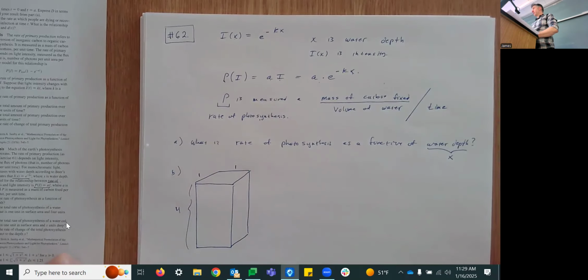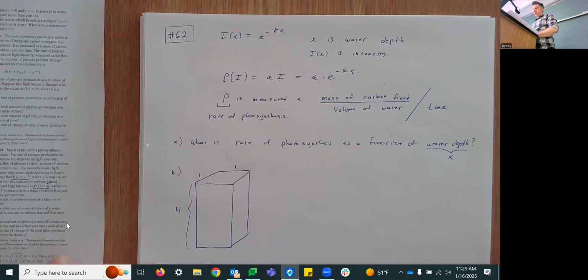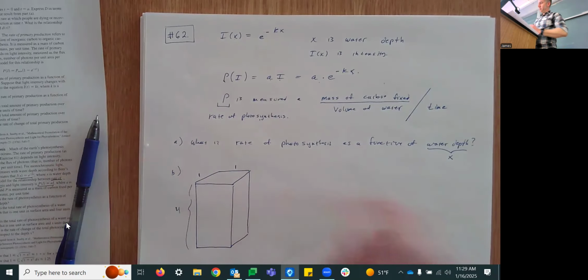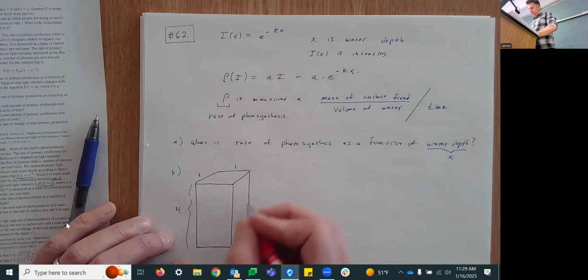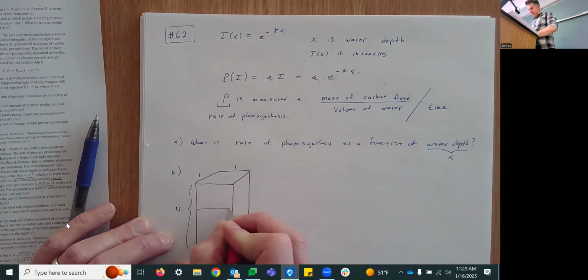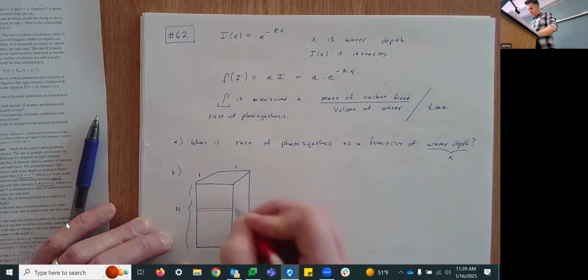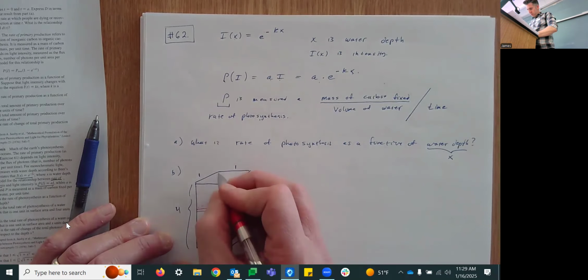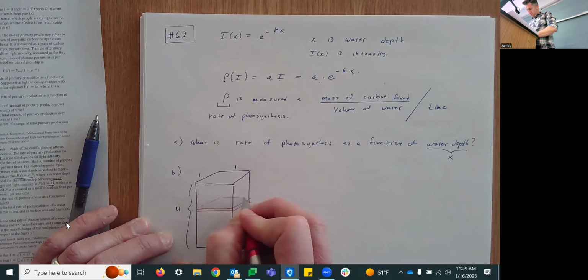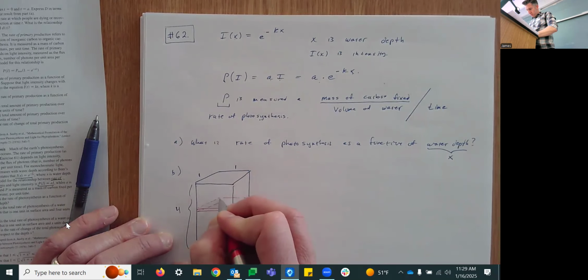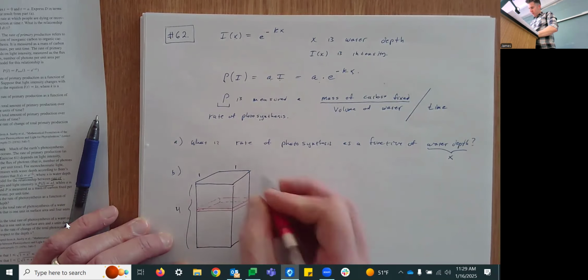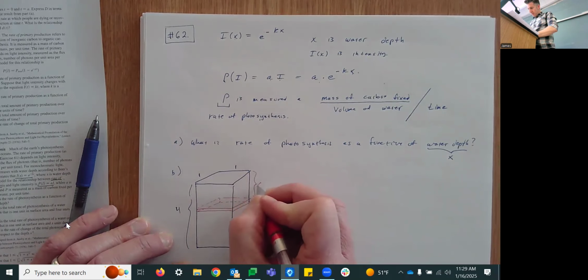Let's focus in on this slice of water that is at a depth of x.